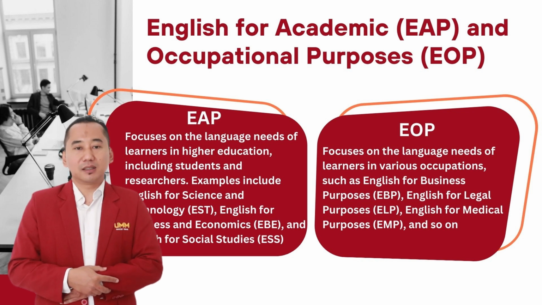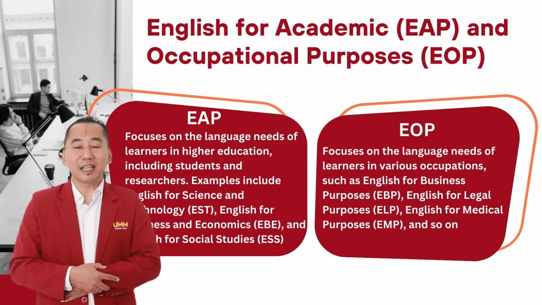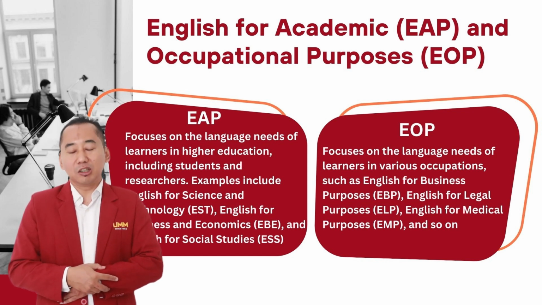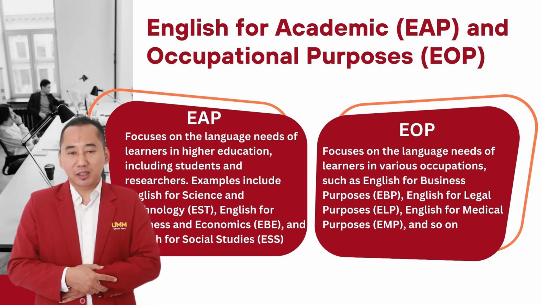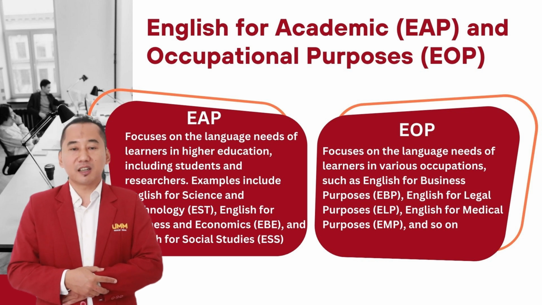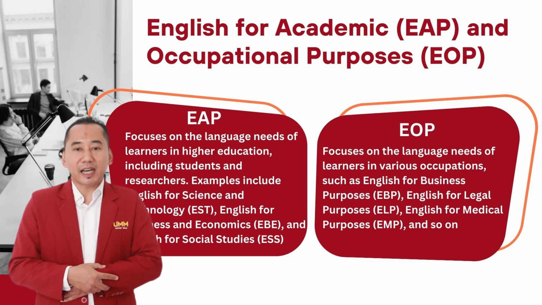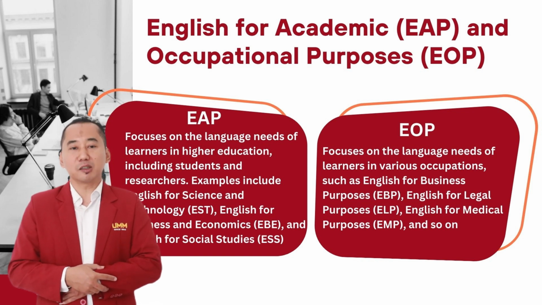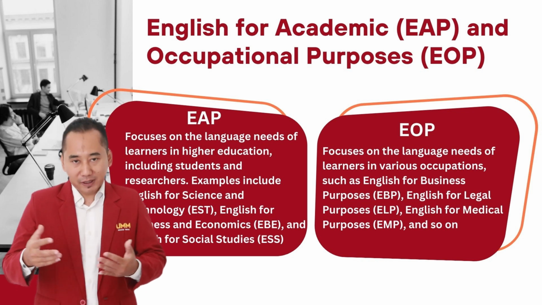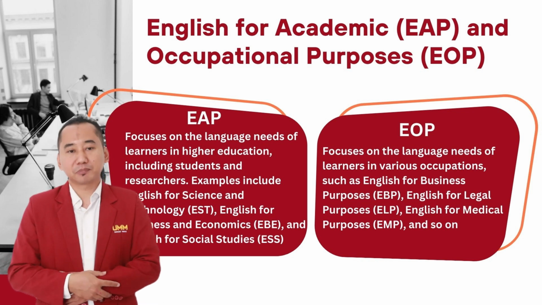It focuses on the language skills and communicative competence required in academic settings such as universities, colleges, and research institutions. EAP courses cover a range of skills including academic writing, for example, essays, research papers, thesis; academic reading, journal articles, textbooks, and so on; listening to lectures and taking notes, particularly in seminars and discussions; giving academic presentations.